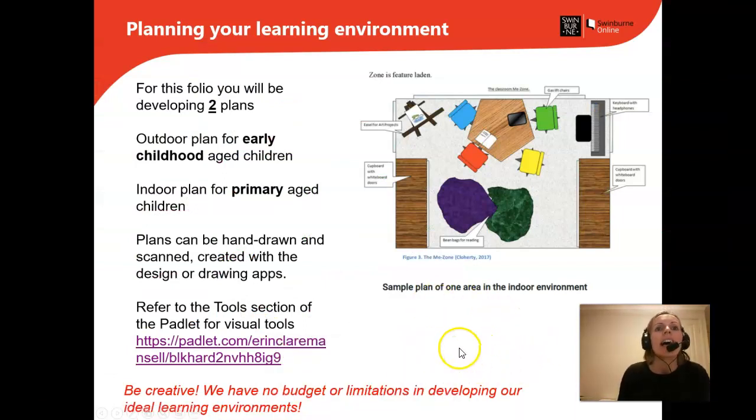Fantastic. You'll see there's an example plan here of an indoor environment, and see how there are labels explaining the different features of the environment as well. That's just an example of the kind of thing that we're looking for. Be as creative as you want to with this.